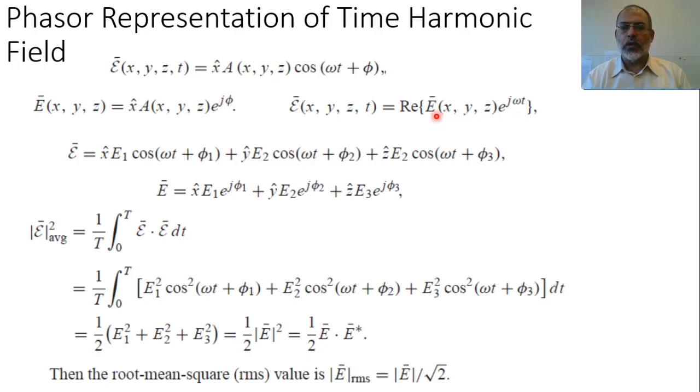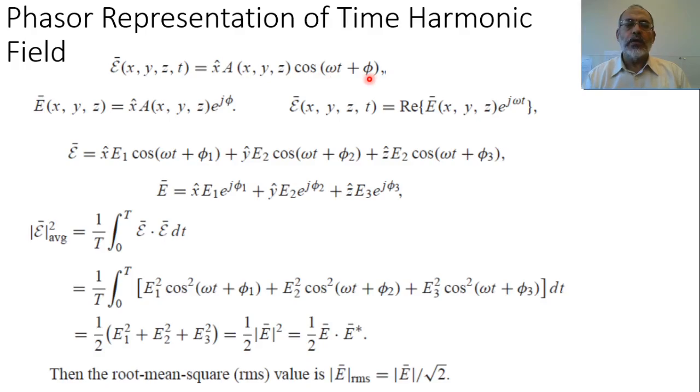So if you take the real part here, it would be cosine omega t. And if we include e to the power j phi, so e to the power j omega t multiplied by e to the power j phi, and we take the real part, it would be cosine omega t plus phi.